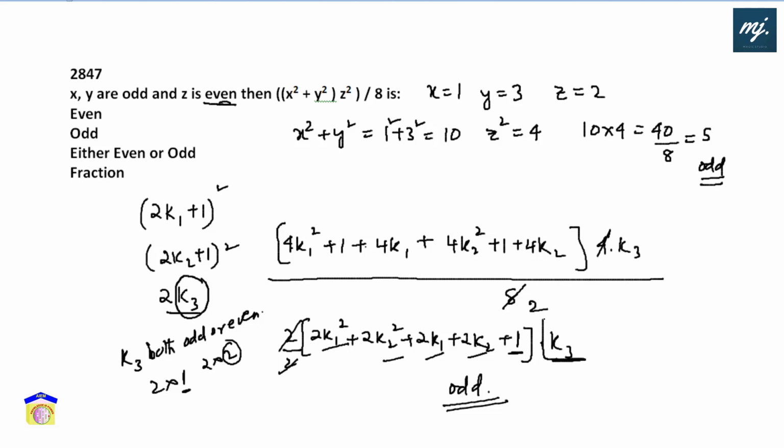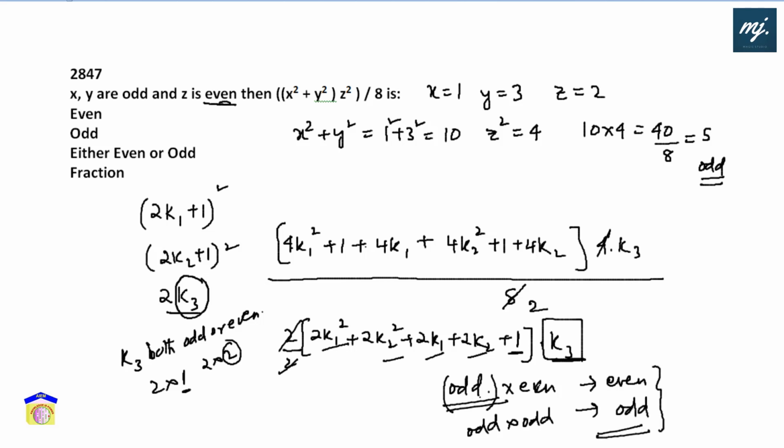So everything depends upon this k3. But this factor is odd. Now odd into even, if k3 is like 4, then this will be converted into an even number. If k3 is odd, it will be odd into odd, which is odd. So we have both instances, either it can be odd or even.